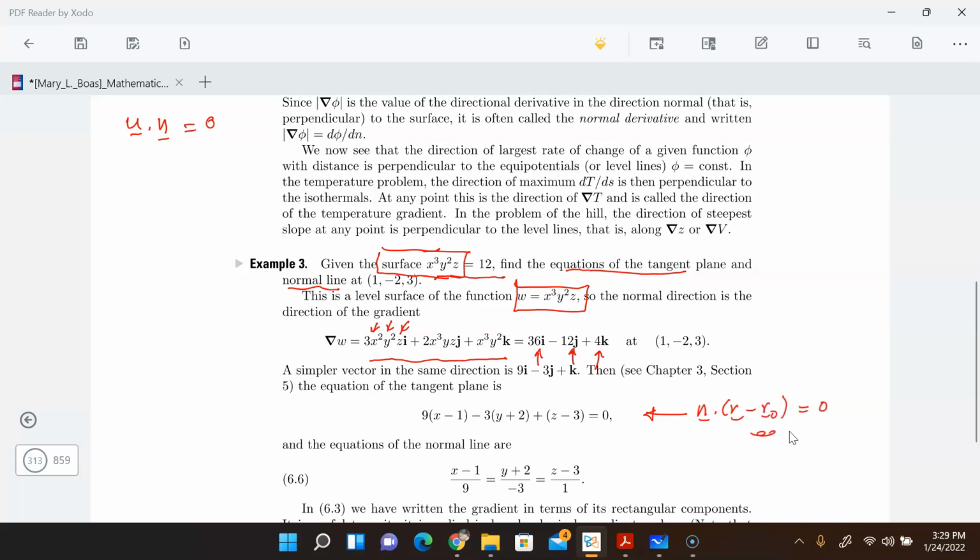So this is the equation of a plane. And then the line, the direction is going to be given by the things below here. These are the components of the direction.